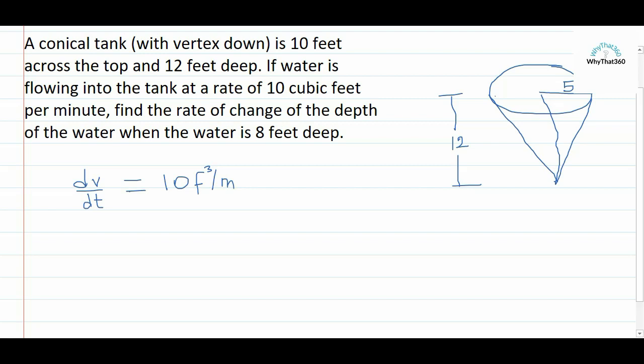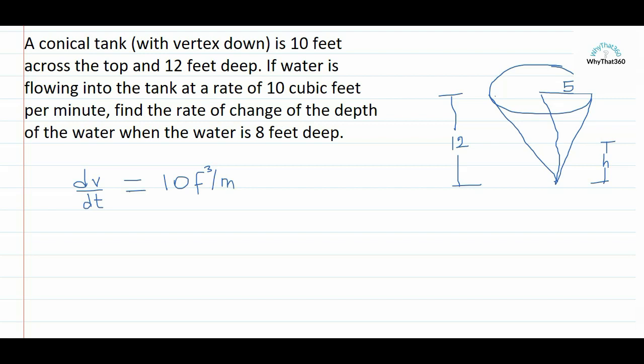So let us make an assumption here. We are going to assume there is a height here. We will call that height h, and that height is going to be the depth of the water.